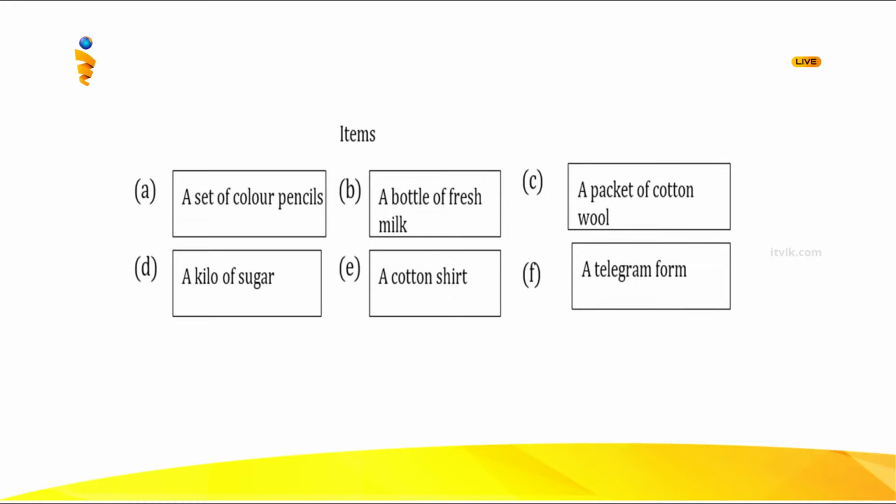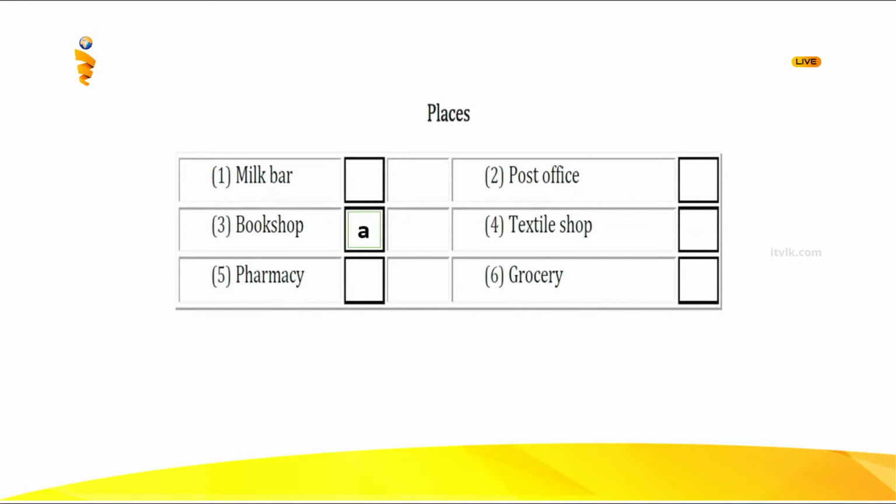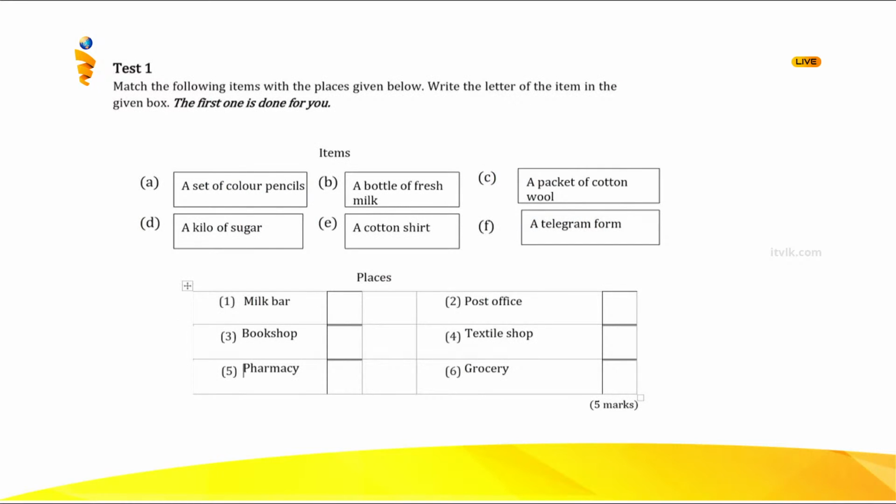A set of color pencils, a bottle of fresh milk, a packet of cotton wool, a kilo of sugar, a cotton shirt, a telegram form. And let's look at the places. Milk bar, post office, bookshop, textile shop, pharmacy and grocery. Right. Now this is the question you have to answer.